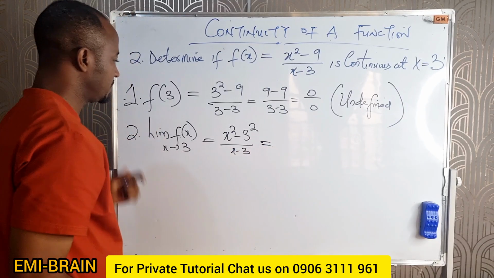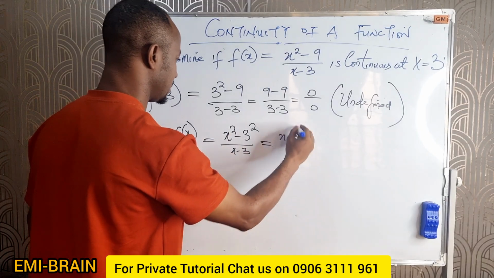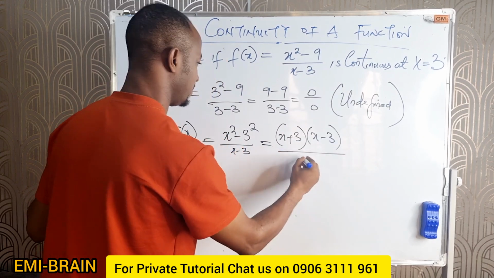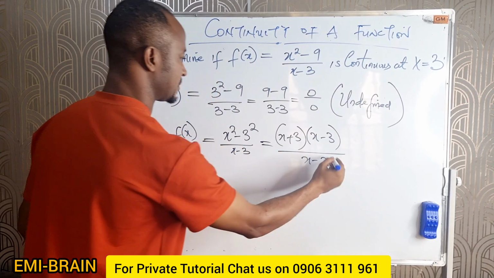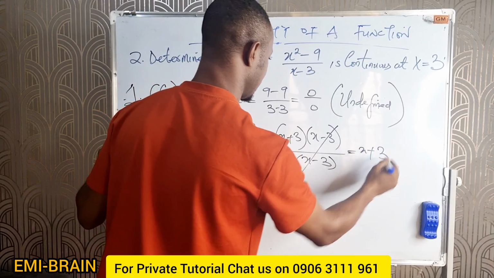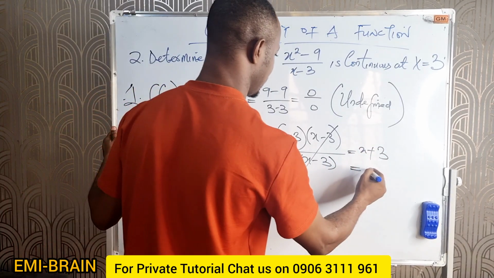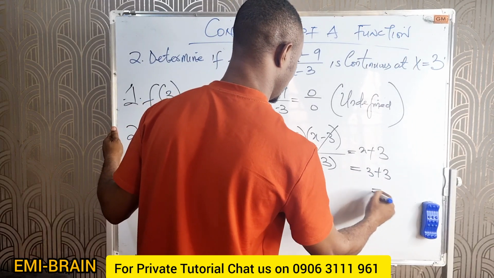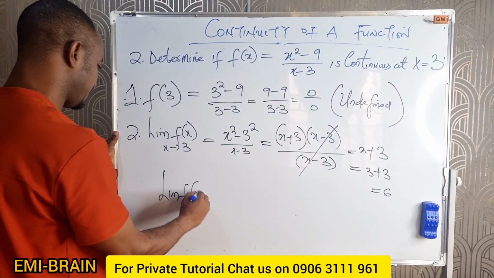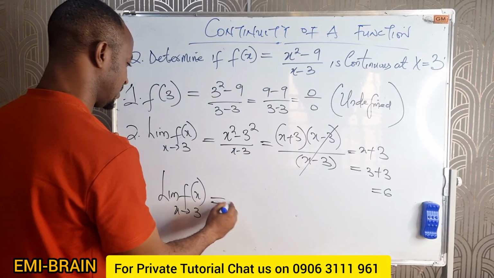From the difference of two squares, this becomes x plus 3 times x minus 3, all divided by x minus 3. These two can cancel, and that gives us x plus 3. So when we substitute the value of x as 3, this gives us 3 plus 3 equals 6. So the limit of f of x as x approaches 3 is equal to 6.